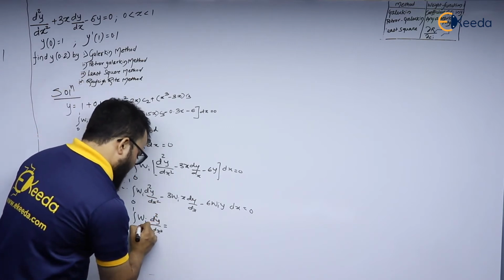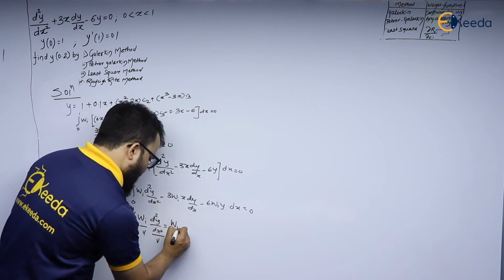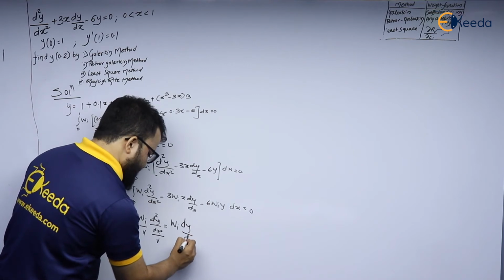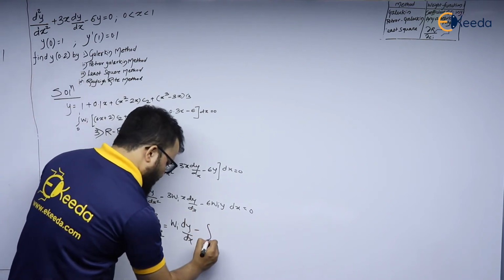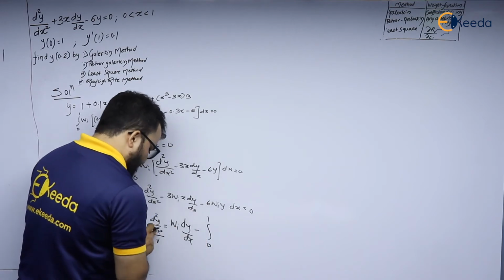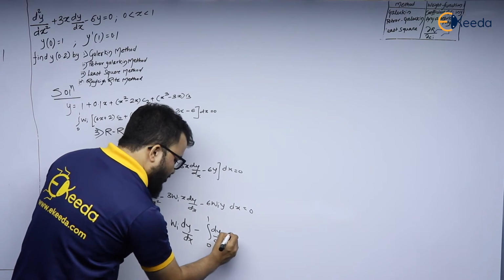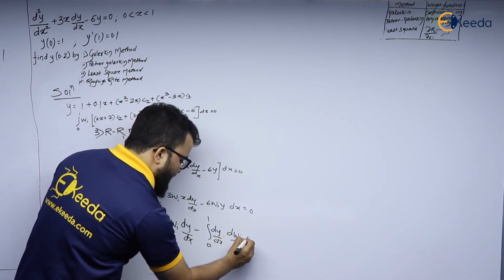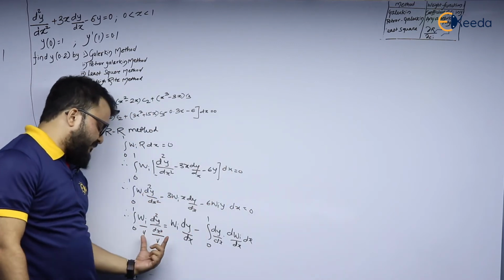So this is my u and this is my v. So u times the integration of v, which is dy by dx, minus the integral of dy by dx into dWi upon dx dx. So this is the solved term for my first term.